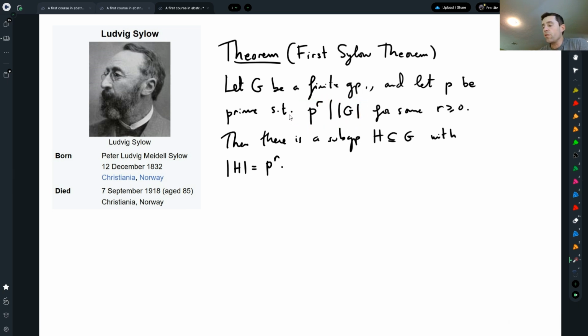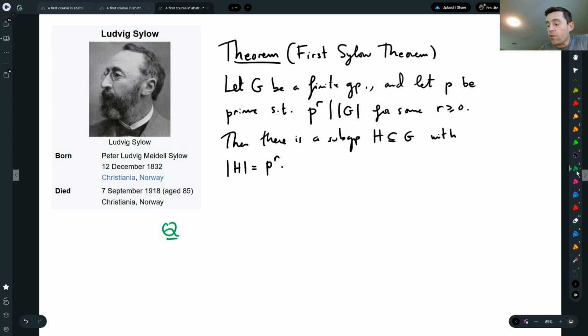So it's an extension of Cauchy's theorem, and it's a natural question to ask if you've just seen Cauchy's theorem. It is also a partial answer to a converse of Lagrange's theorem. So Lagrange's theorem says that if you have a subgroup of a finite group, the order divides the order of the group.